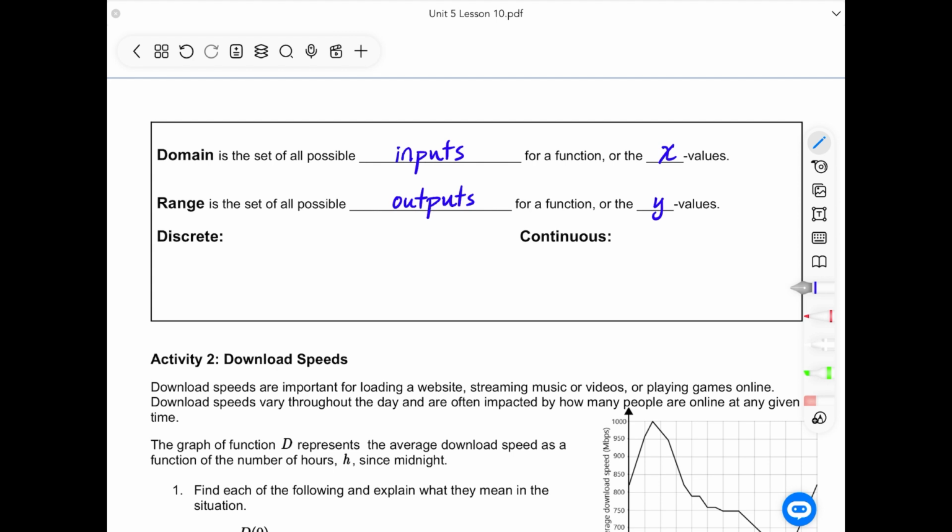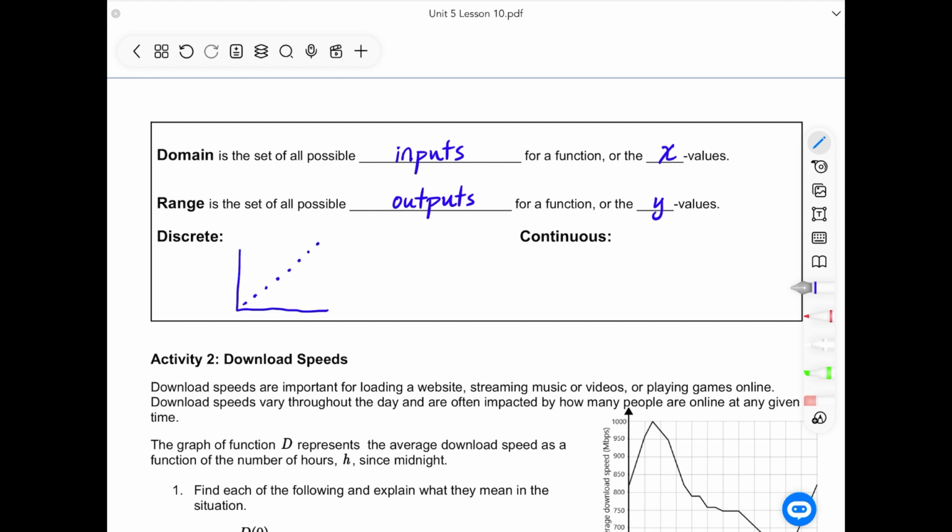Any of these cases where there are limitations on what types of numbers we can use, where we can't just say any number bigger than 0, we have to limit it a little bit more, maybe to whole numbers or integers, things like that. That is what is known as a discrete data set. And what we see on our graph is simply a set of points that make up the function itself.